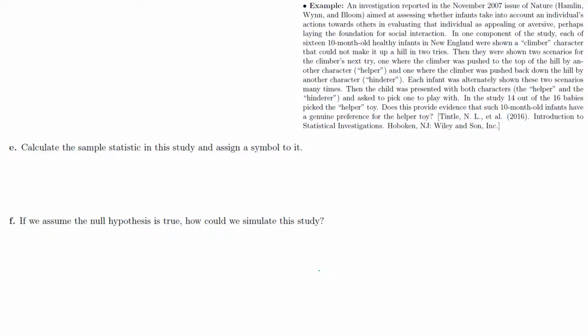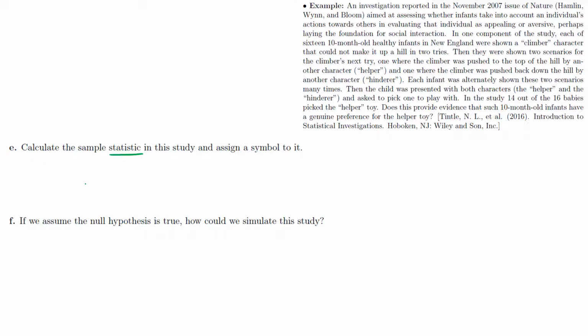All right, so next, part E asks us to calculate the sample statistic in this study. Remember from chapter 1, when we say statistic, we're talking about the same measurement as our parameter, but for the actual data from our data set.